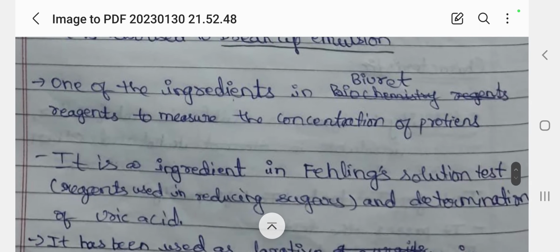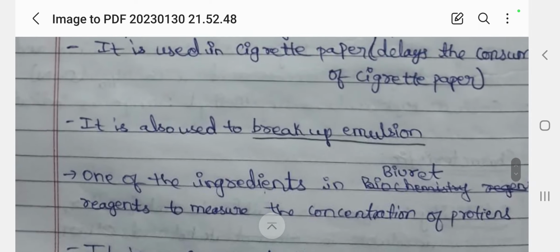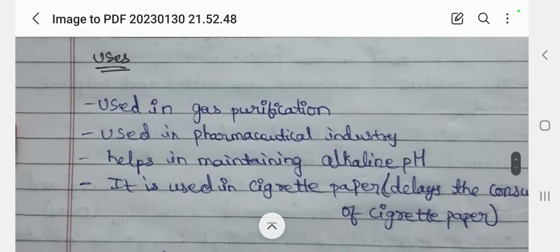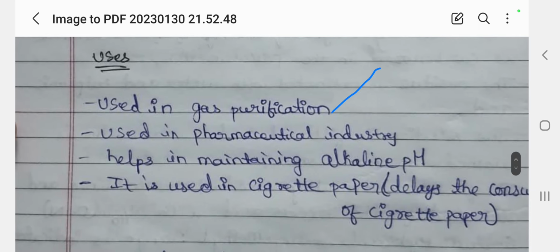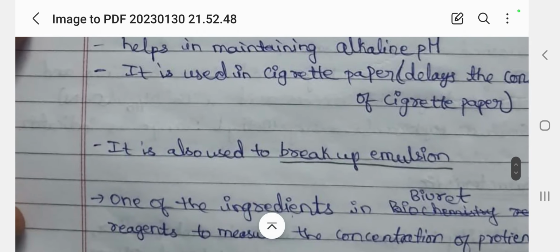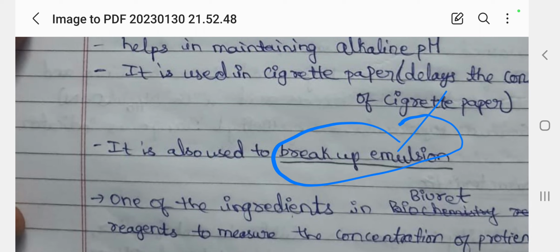So these are all the uses, and it is a very important one. It is used in gas purification, second in the pharmaceutical industry, third in maintaining alkaline pH, it delays the consumption of cigarette paper, and it is also used to break up the emulsion.